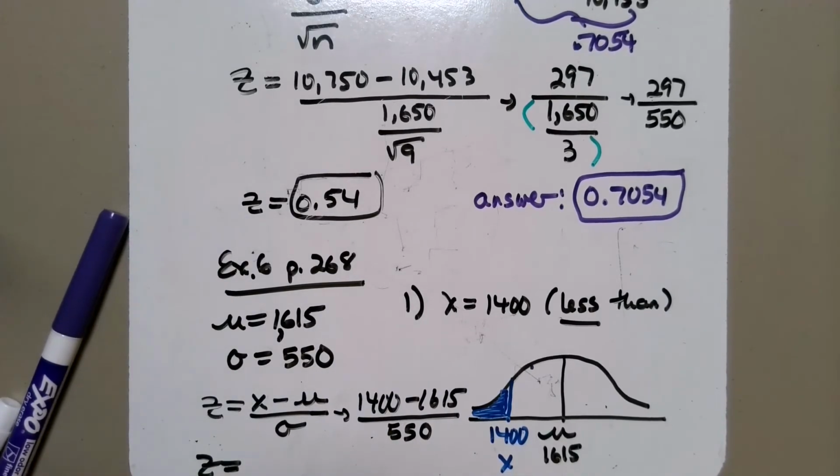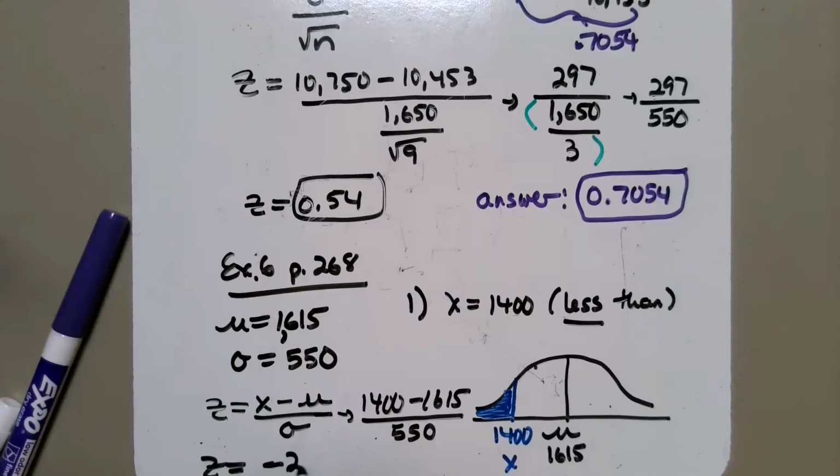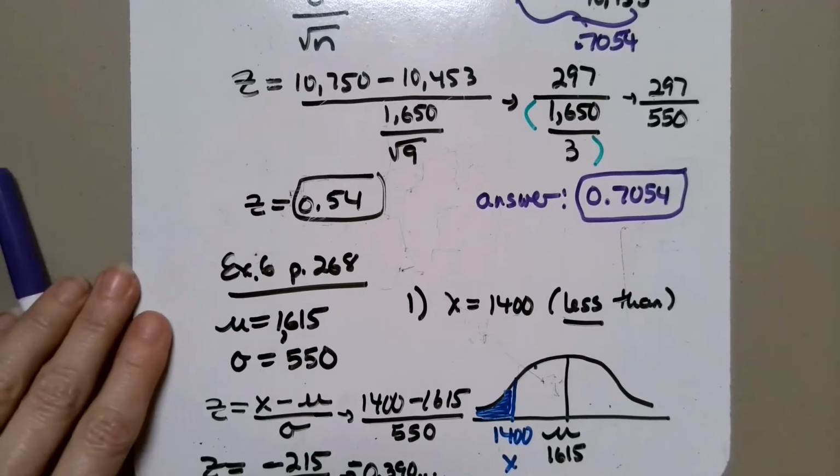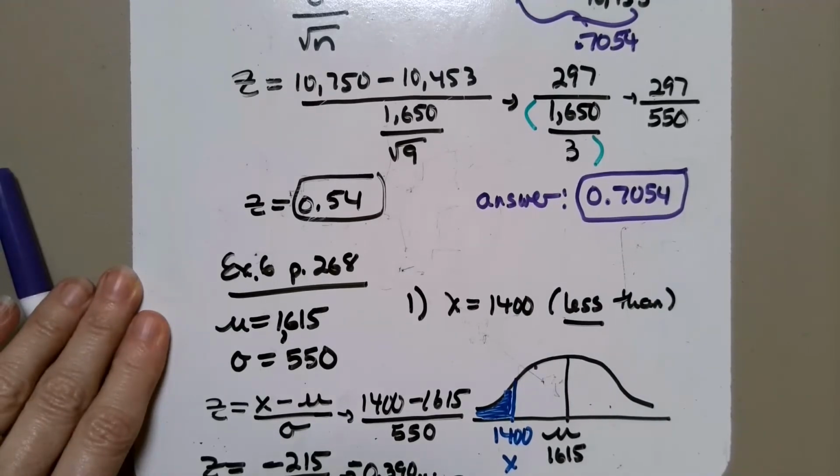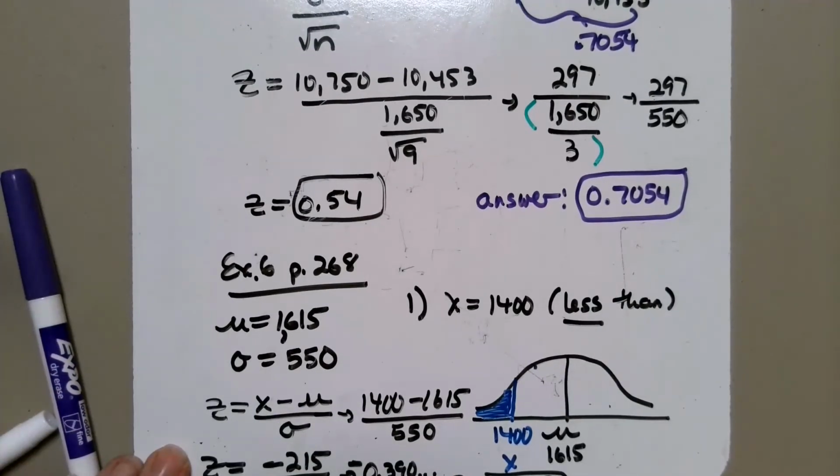So if I take that, I'm going to get negative 215 over 550, which is going to give me negative 0.390 something. So rounding to 2 decimal places, we're going to keep the 9 and call that z-score negative 0.39.